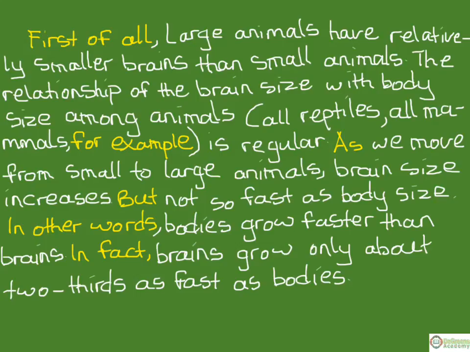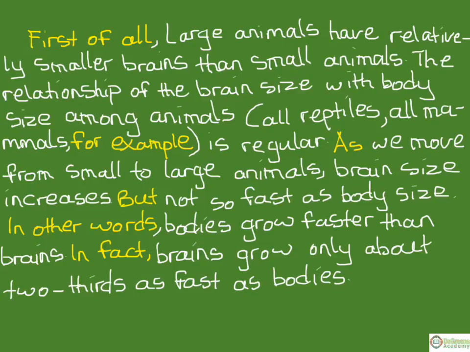First of all, large animals have relatively smaller brains than small animals. The relationship of the brain size with body size among animals (all reptiles, all mammals, for example) is regular.